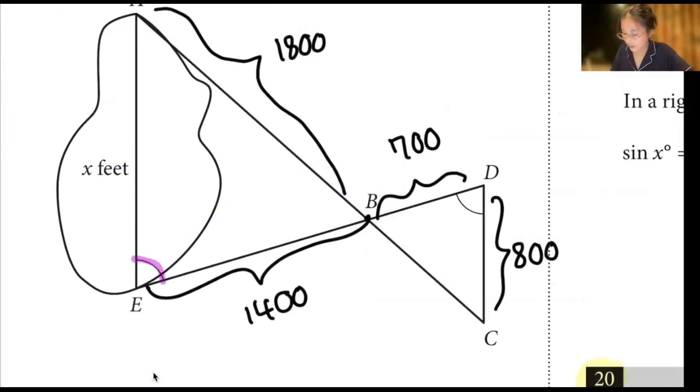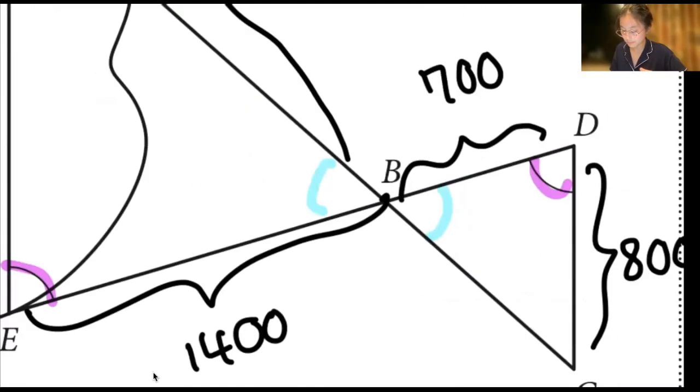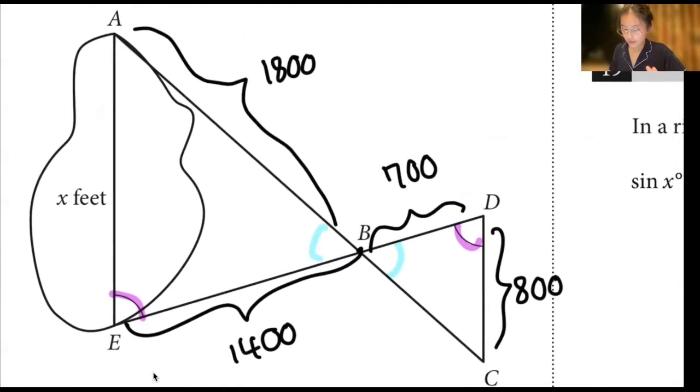Since we know that these two angles are the same, we also know that these two angles are the same because they're alternate angles. I usually like to call it the bow angles. So when two lines intersect, these two angles are the same right here. And I would like to ask you, what's the total interior angle of a triangle?